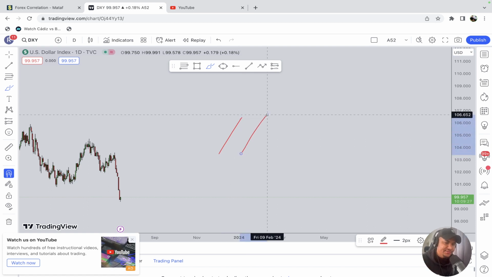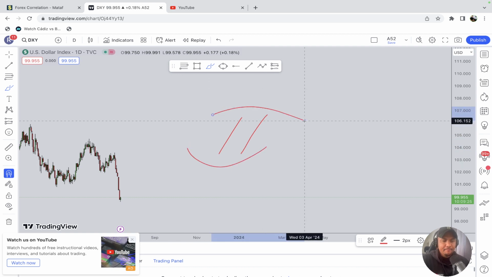What that means is that they're anticipating both of these moves to go to the upside. Now, would that be the right thing to do? Yes, it would. Why? Because they are saying that we can expect the dollar index to weaken, which is why we buy euro against the USD.